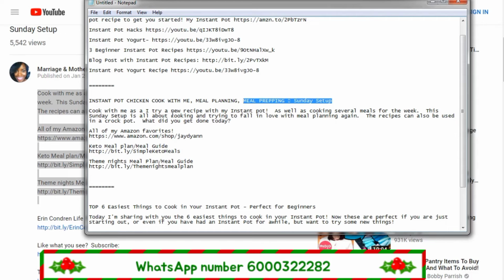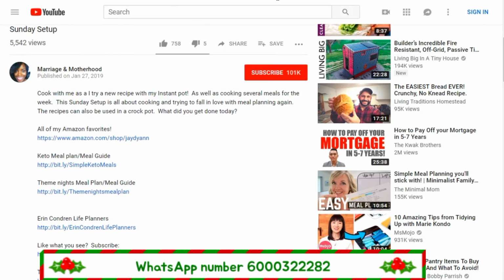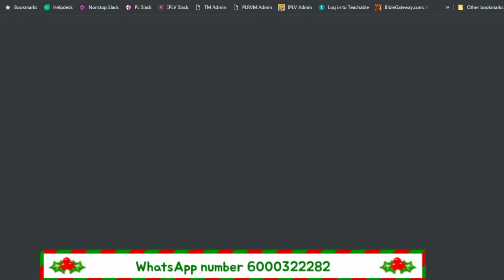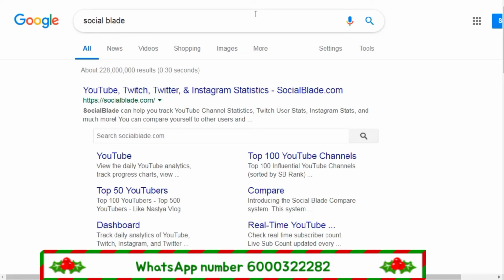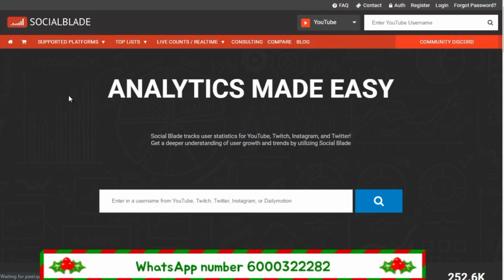Now, you can do some deeper dive competitive research using specific tools. And one specific tool is called Social Blade. So that's socialblade.com, as you can see here. And I like to use this to get a better idea of the YouTube channel as a whole. Because what you're trying to figure out is, did this person rank because their channel as a whole has a lot of traffic?